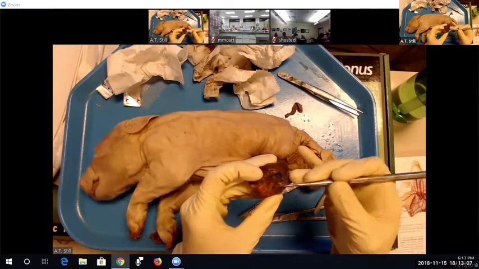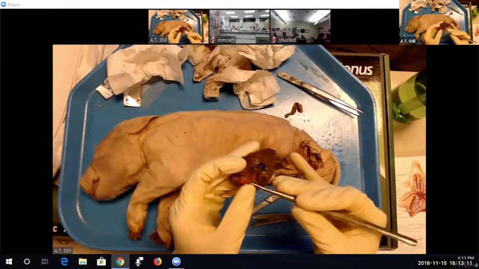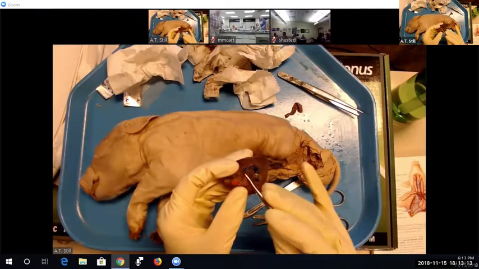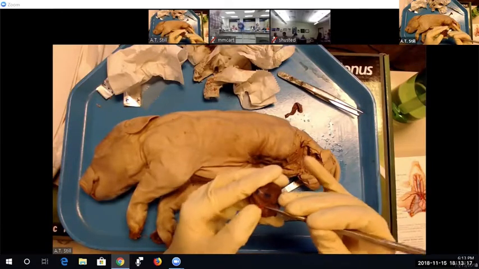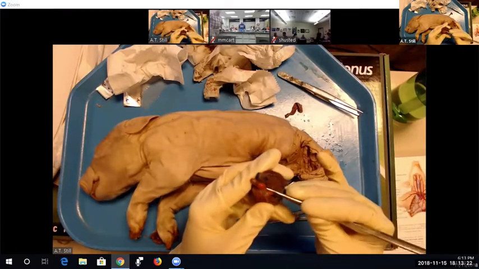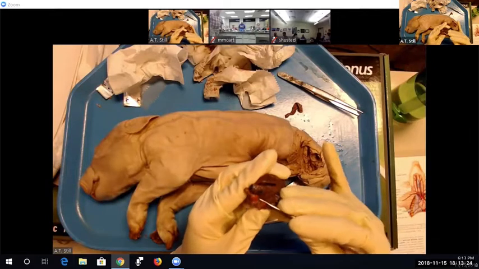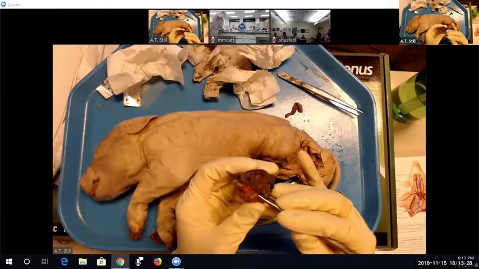These are going to be the pulmonary arteries and veins that are connecting the heart to the lungs to get blood to and from the heart and the lungs. And then this large red vessel here is going to be the aorta. That comes from the left ventricle, and it takes the oxygenated blood from the heart to the rest of the tissues.